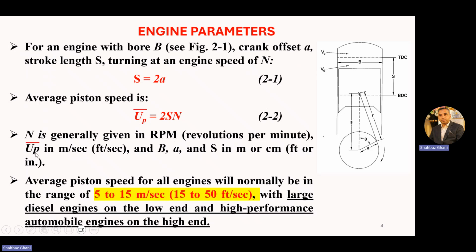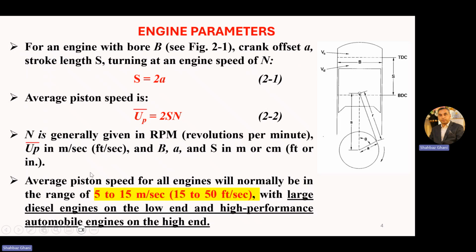UP, the average piston speed, is generally in meters per second, or we can also denote it in feet per second. And B is your bore, A is your crank offset, and S is your stroke. All of them are in meter or centimeter or feet or inches, whichever system you are using.